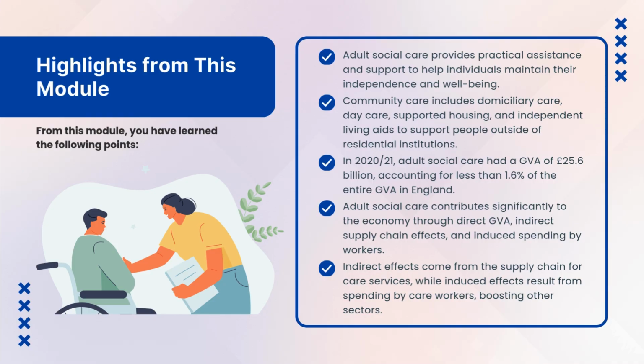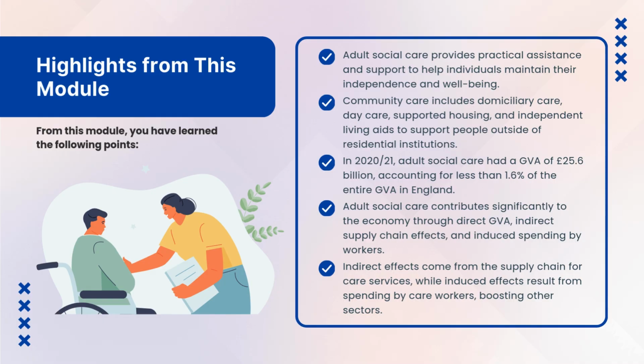Highlights from this module. From this module, you have learned the following points. Adult social care provides practical assistance and support to help individuals maintain their independence and well-being. Community care includes domiciliary care, day care, supported housing, and independent living aids to support people outside of residential institutions.